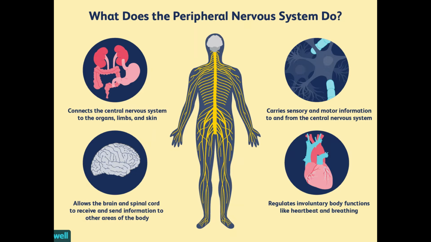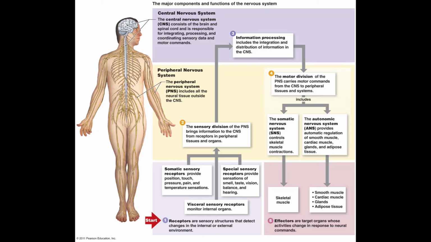There's the sympathetic aspect of the ANS, which activates arousal responses and expends body resources to respond to emergency situations or any physical activity that your body requires. So this is considered the fight or flight response system.